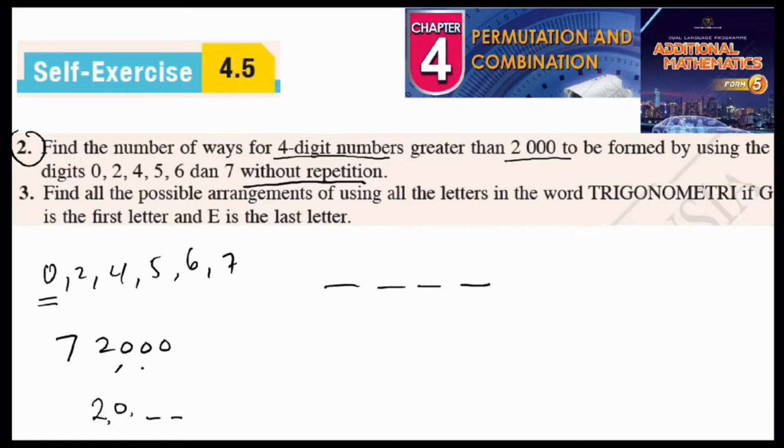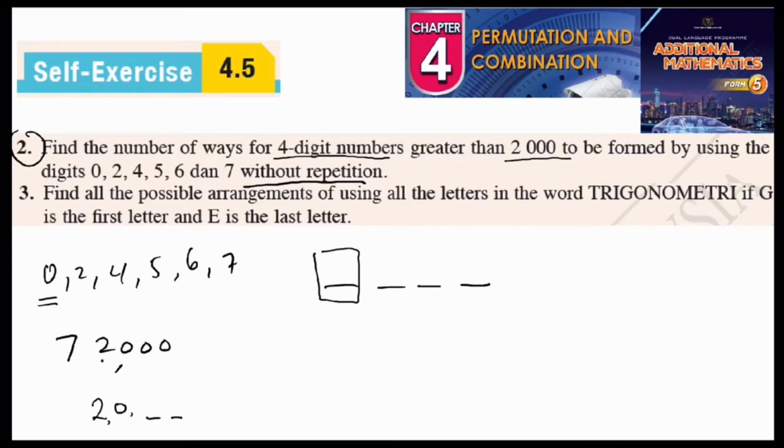So we always ask ourselves, why can we start with 5 digits? Because we want to fulfill the condition which is greater than 2000. Now we will consider the first space first before we proceed to the next step. The first space, we only got 5 choices.